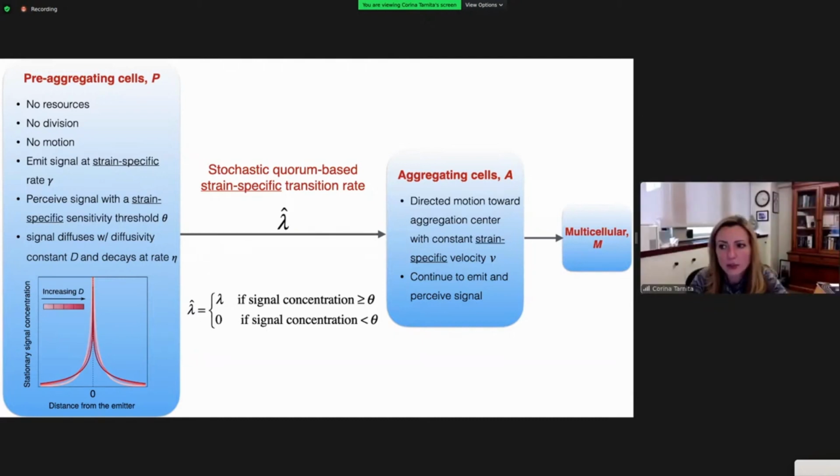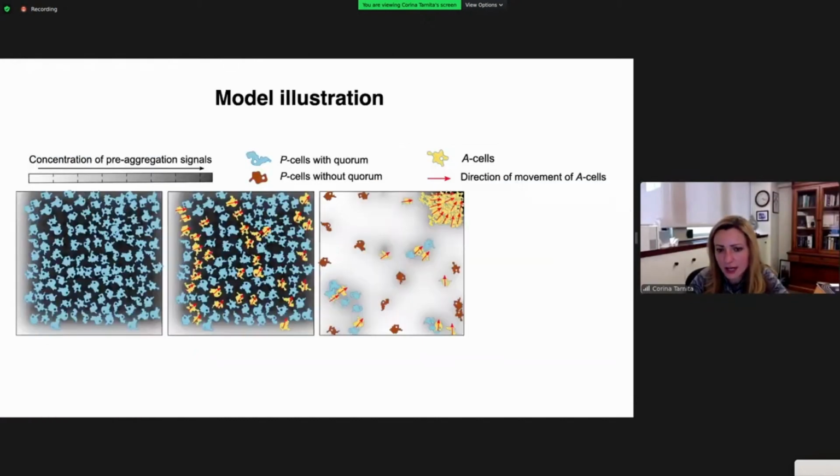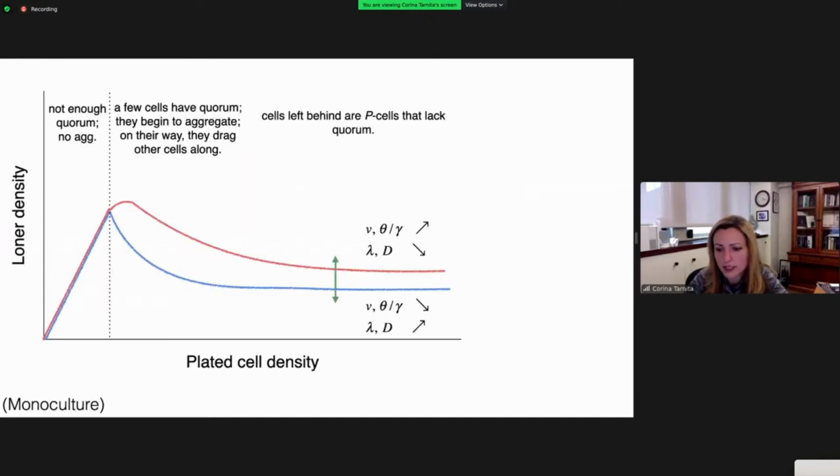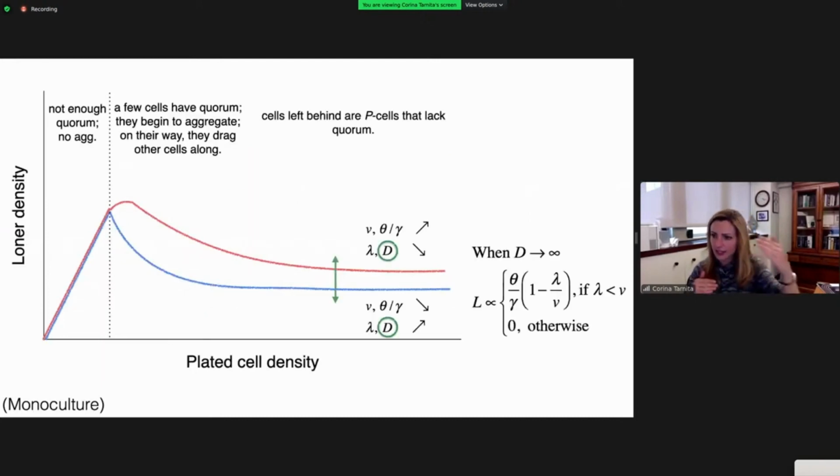No, we played with all of them, right? You can see how they don't influence things independently. Theta is the threshold for perceiving, gamma is the rate of emitting. It's not that they influence things independently, but that there is an important relationship between theta over gamma, and the same with the other 2 rates, lambda over v. So in principle, we didn't have to make all of them different. Maybe not all of them are different, but we did just so we see where the behavior comes from.